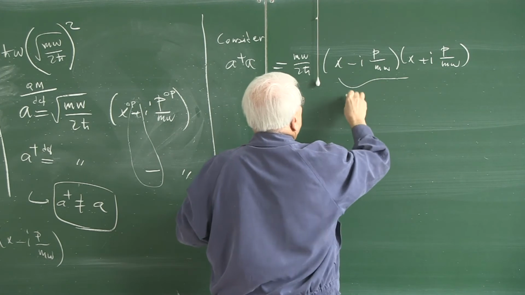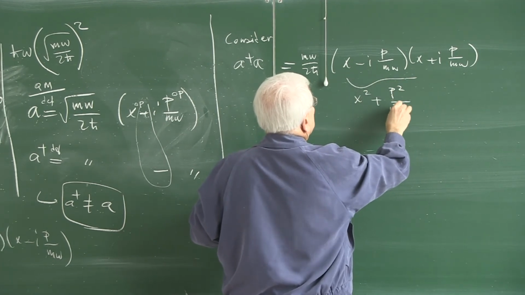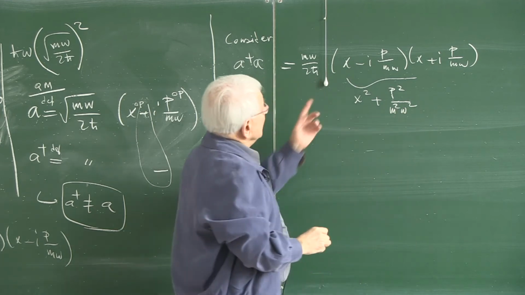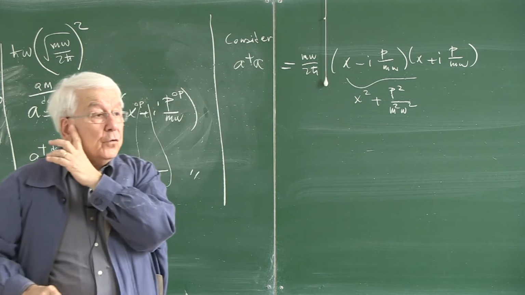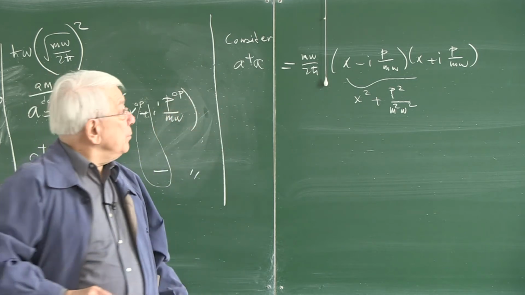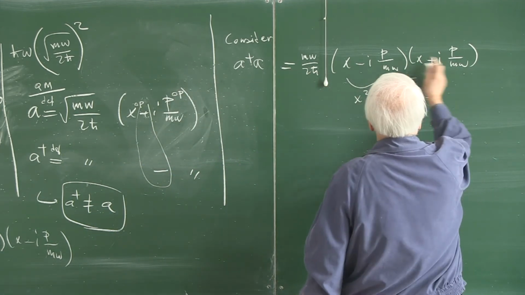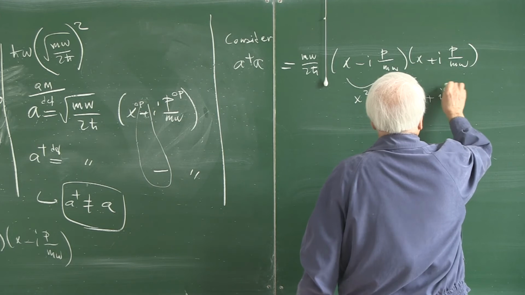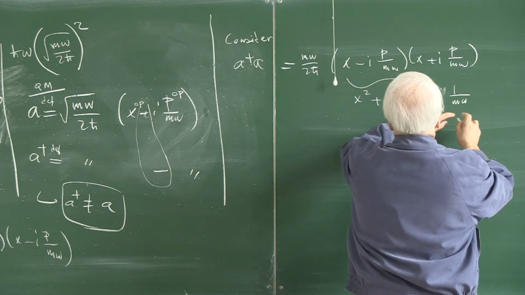Which is x squared plus p squared divided by m squared omega squared, from the first to first, second to second. But notice that there are cross terms, which were not there in classical physics because of the commuting of the operators, but here there are cross terms, which is i times 1 over m omega, xp minus px.